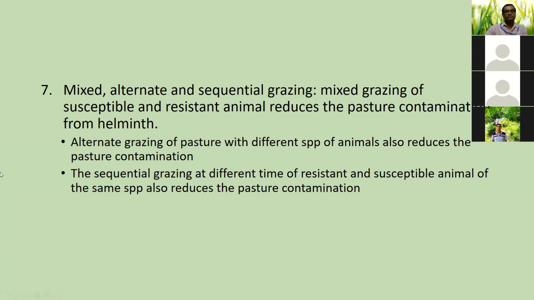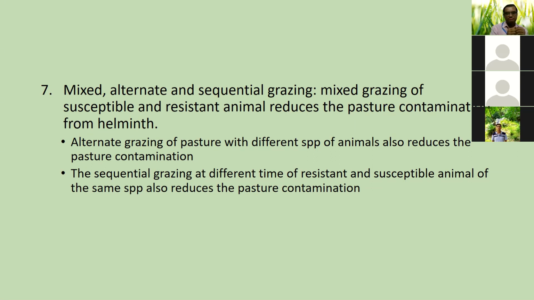Or we can go for alternate grazing. Alternate grazing means grazing of the pasture with different species of animals. We can allow the grazing of sheep followed by cattle, so there is a species-wise rotation. We allow cattle, then alternatively sheep or goat, so that they have different parasite specificity.